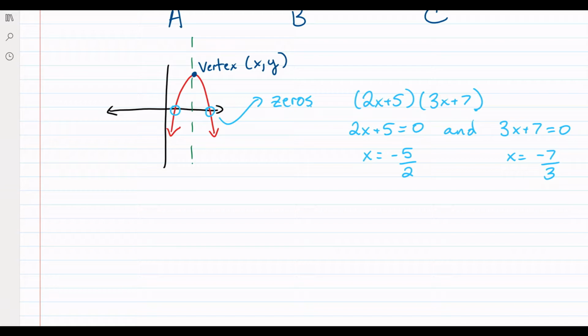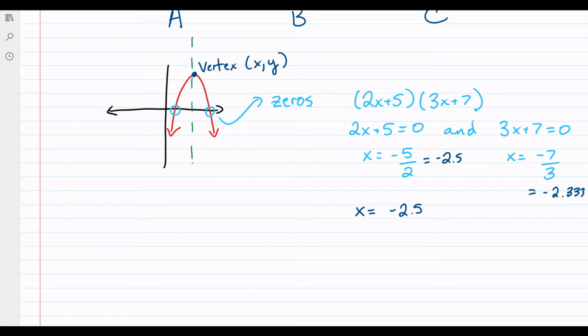So halfway in between, your x value of the vertex, we'll do that in dark blue, means I have to add those two up and divide by 2. Minus 5 over 2 works out to minus 2.5, and 7 divided by 3 would be minus 2.3333 repeated.